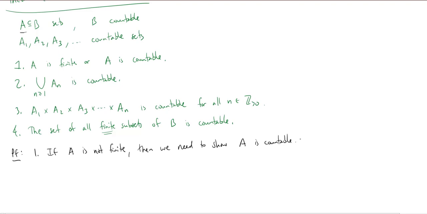Okay, well, what do we know? Well, we know B is countable. So since B is countable, then we know there's some bijection from the positive integers to B. I don't care about the name of it, but there's some bijection, which means I can assign to each positive integer some element of B. So 1 goes to some b1, and 2 goes to some b2, and 3 goes to some b3.